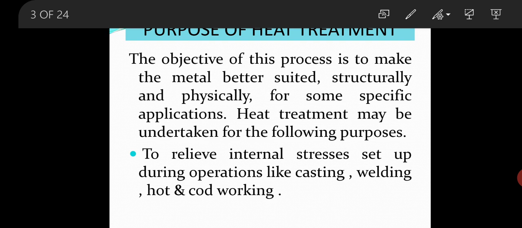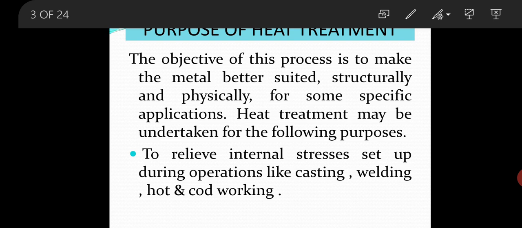Internal stresses develop. So to relieve internal stresses set up during operations like casting, welding, hot and cold working, rolling, extrusion. So these metal forming processes build up internal stresses in the metal.